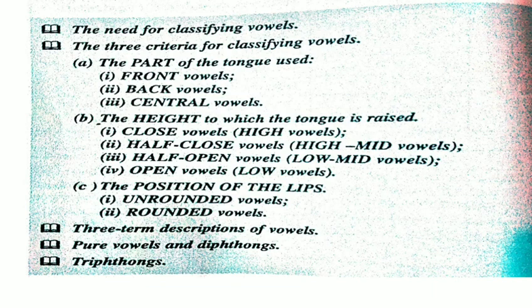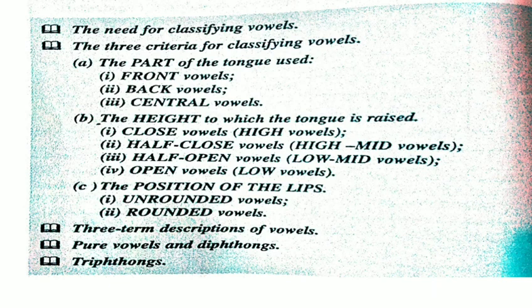For classifying vowels there are three criteria. Two are connected with the tongue, and one is connected with the position of the lips. The first is connected with the part of the tongue that is used for producing vowel sounds.